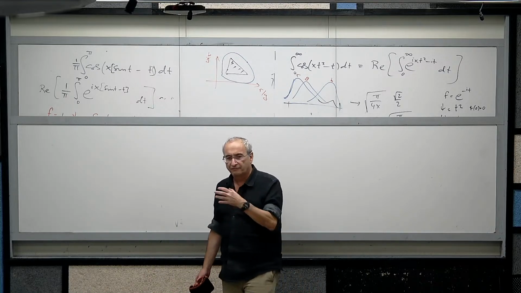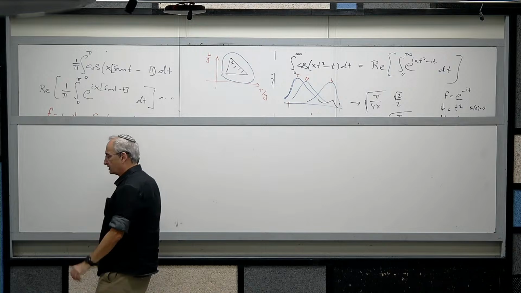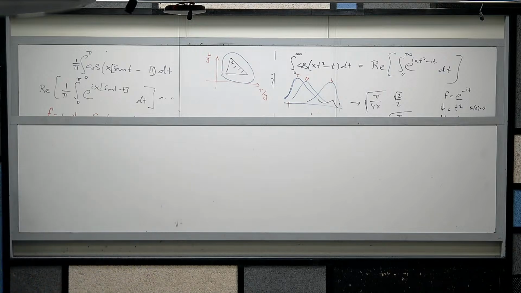But on top of that, you have to curve the contour of integration in the complex plane. This is what is known as the steepest descent method.